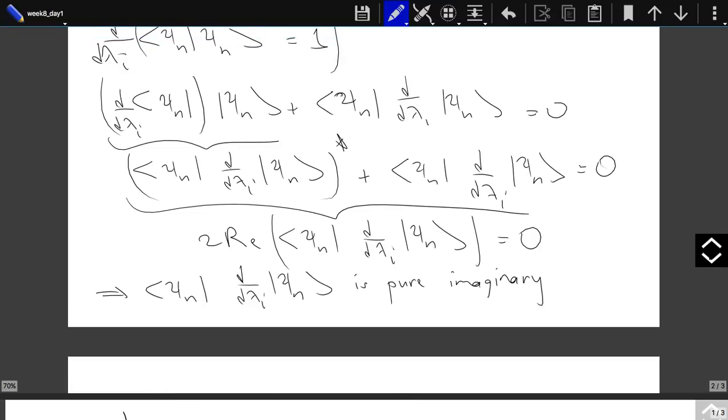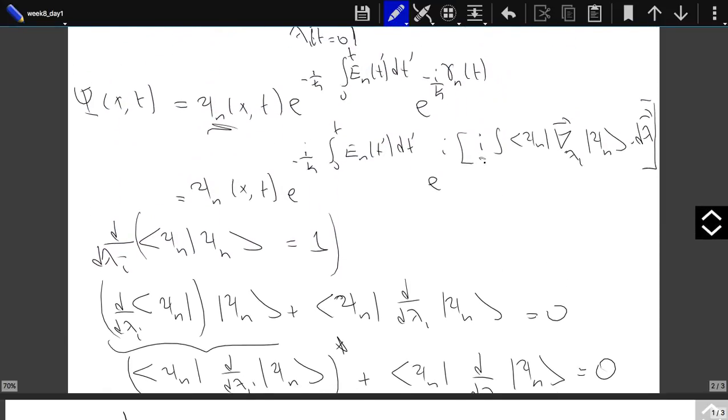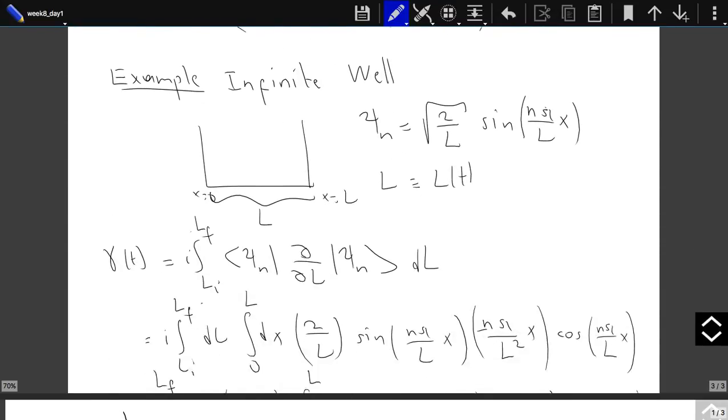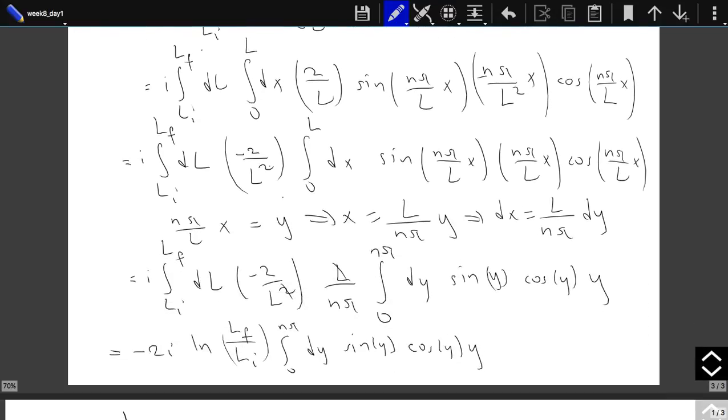Now we said that if that is pure imaginary, then with that i over here, it is real. It should be real. Let's look at this example. I have this i, but you see the wave function is real. Its derivatives are real. So the matrix element seems real. Why not? It seems to be pretty continuous to me. The cosine is a continuous function, and I'm taking the derivative with respect to the parameters.